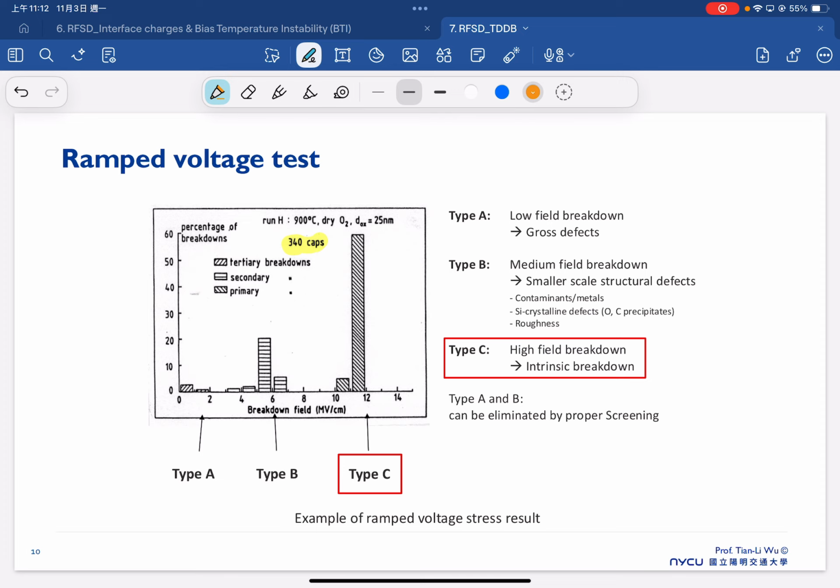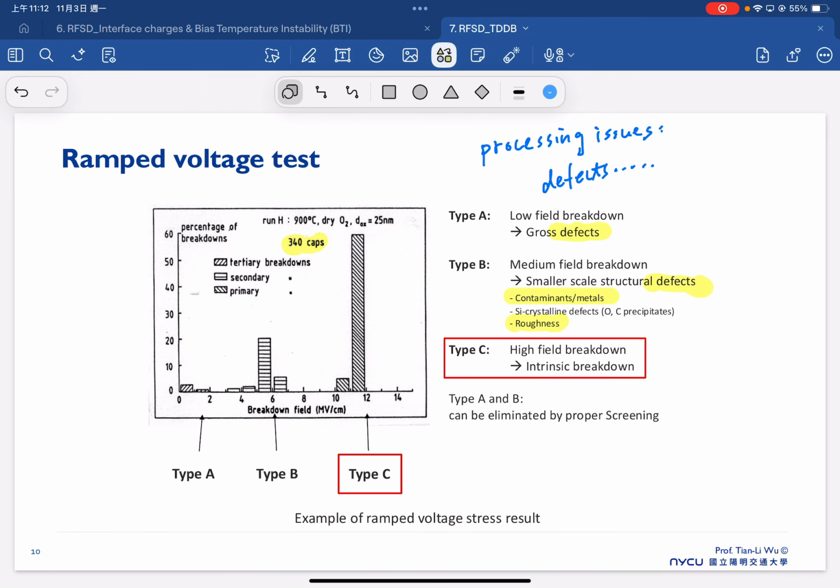Type A is mainly due to defects, or another defect, which is probably due to contaminants, metals, roughness. This is actually all coming from process issues, for example, the defect, and so on and so on.